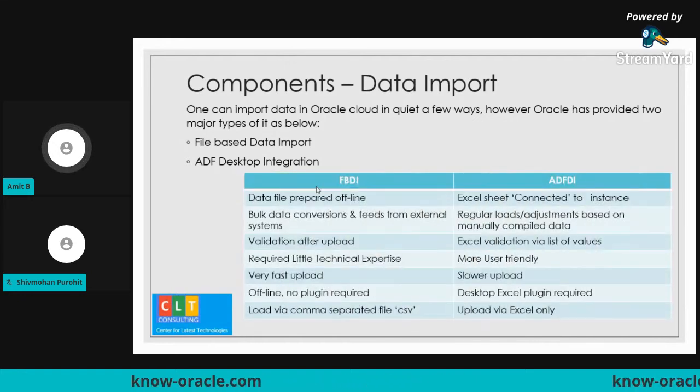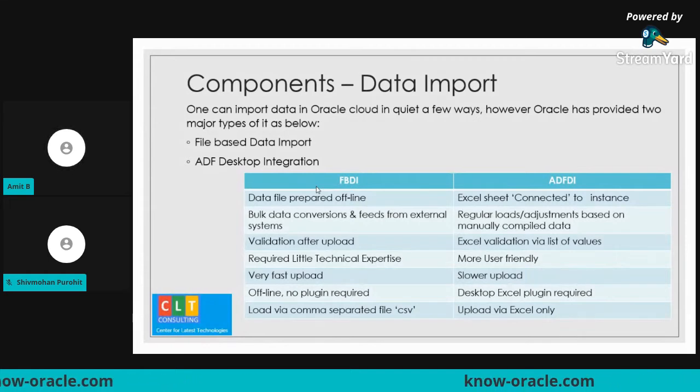Now, what is the main difference between FBDI and ADFDI? FBDI is basically an offline way of doing import. However, ADFDI is online, or it is always connected to the instance. There are certain templates, and when we click on a certain task or action, it populates an Excel sheet, the online Excel sheet, and we fill in the data and load it on the go.